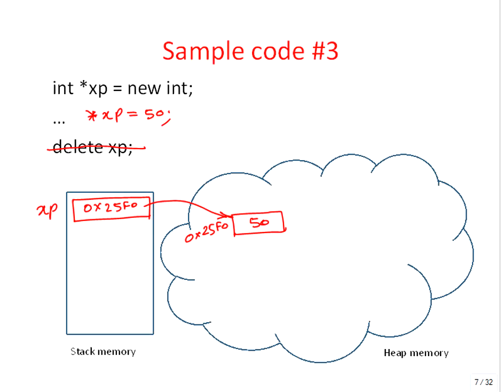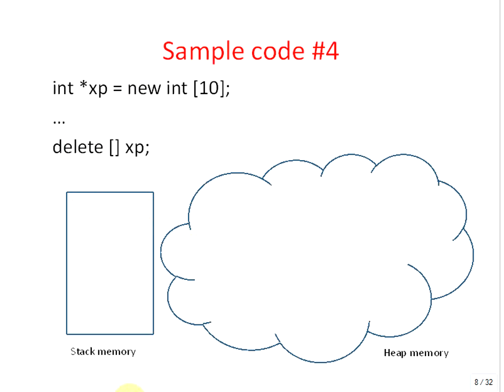At that point, you start to run out of memory. So that's why this delete xp is very important. If you allocate using new, you should delete the equivalent one. Okay, let's move on to the next slide.